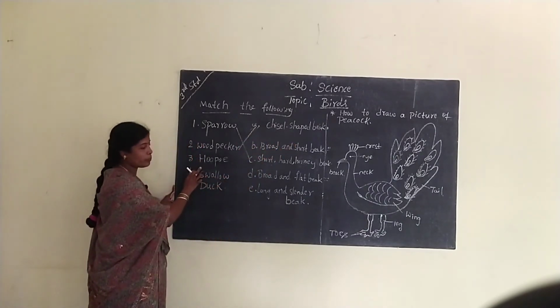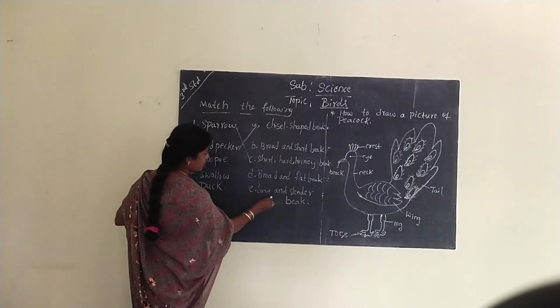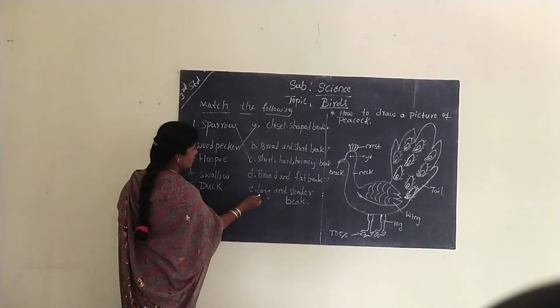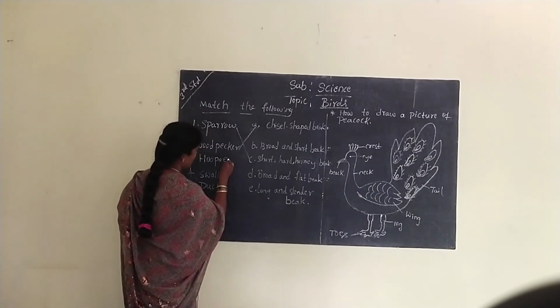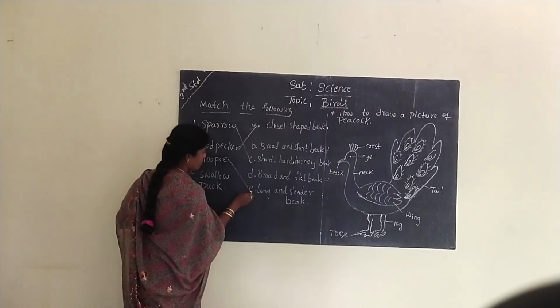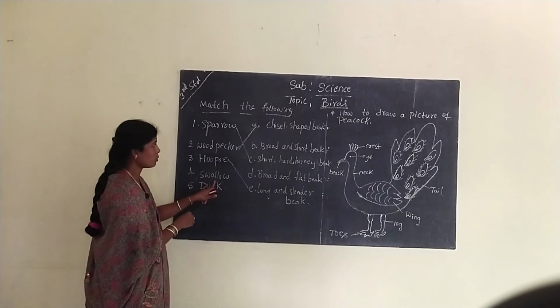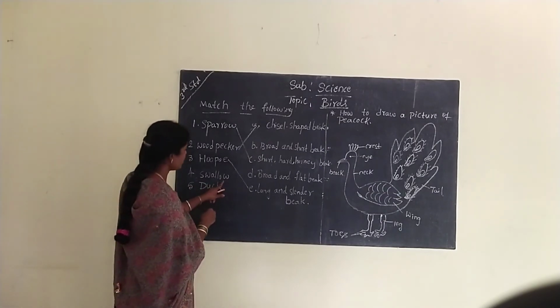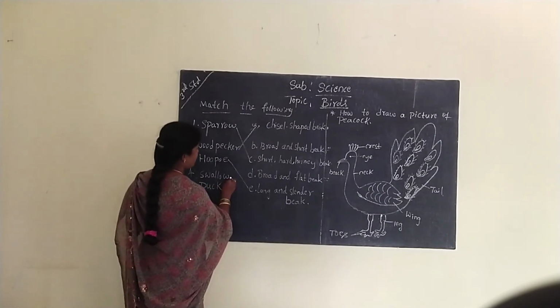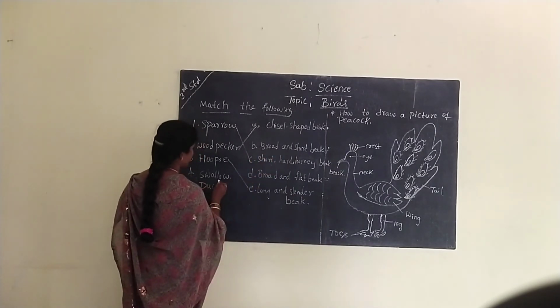Next hoopoe. Hoopoe has, yes, a long slender beak. You have to match hoopoe to E. Okay, long and slender beak. Next swallow. Swallow bird's beak is broad and short beak.